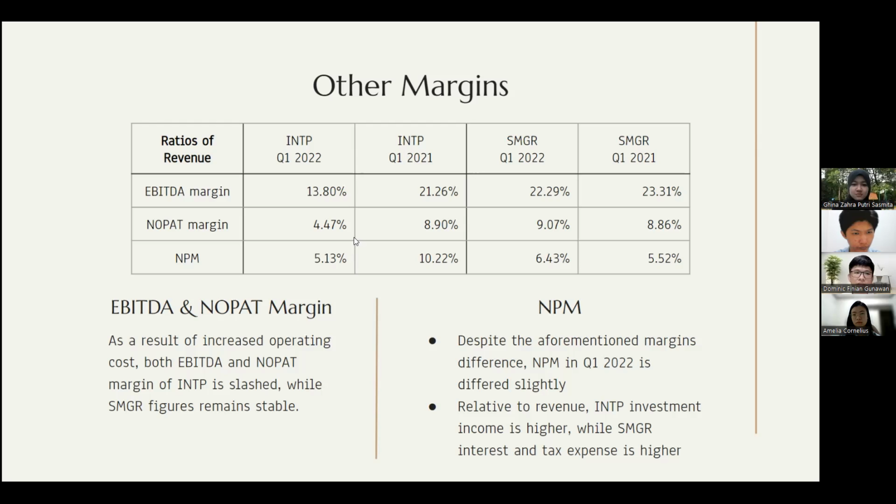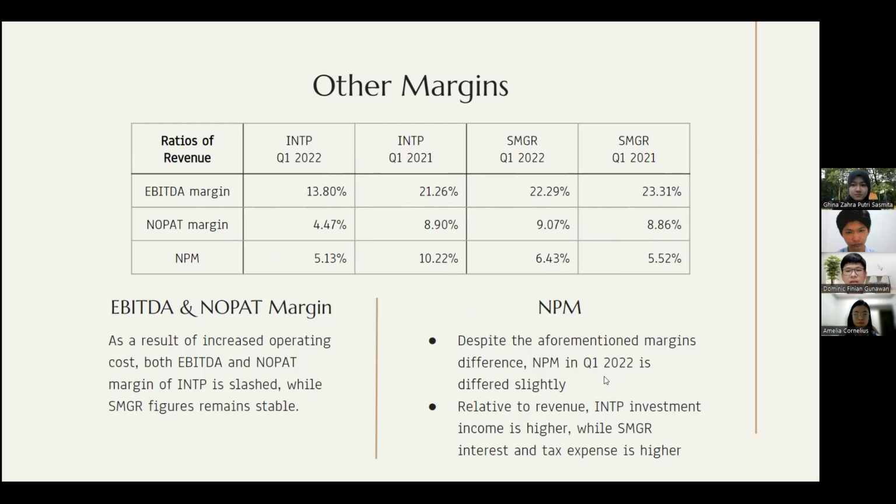The other thing that we want to share is the net profit margin. Despite the aforementioned margin differences shown by the EBITDA and NOPAT margins, the NPM in quarter one of 2022 differed only slightly between the two companies. This is a very different pattern from the EBITDA and NOPAT margins, where the INTP result was far behind SMGR.